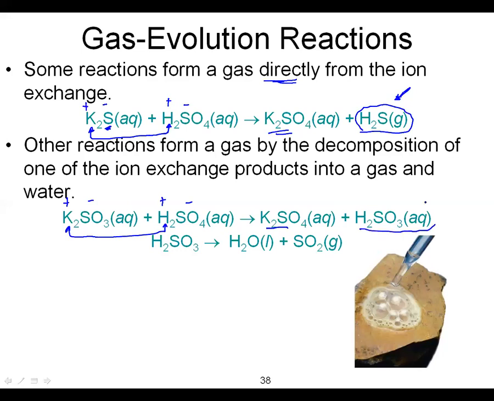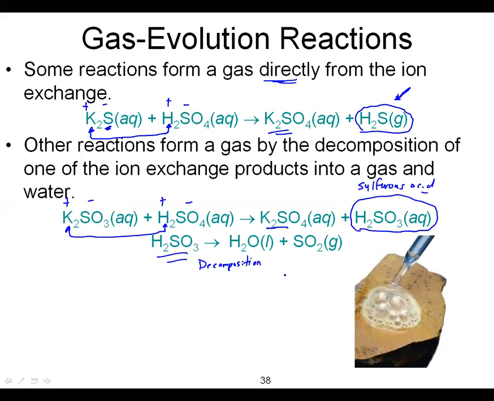This H2SO3 is sulfurous acid. And sulfurous acid will then go through another type of reaction, known as a decomposition reaction, which we'll see in just a sec. A decomposition reaction is essentially where you take one thing and break it apart into a couple of other things.